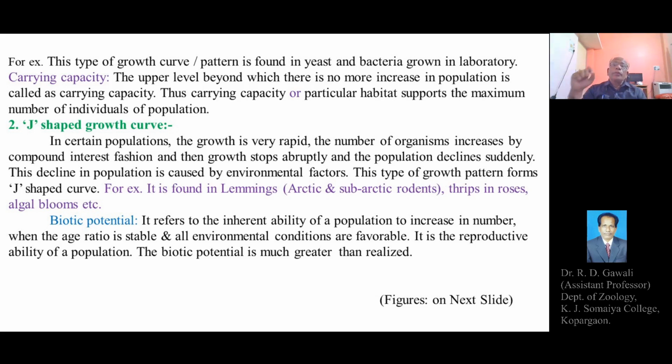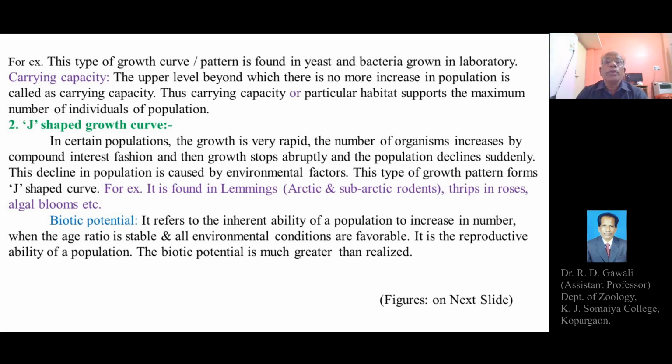If we correlate the carrying capacity or the environmental resistance of a particular habitat with the growth pattern of the population in a particular area, we can correlate it with the population size.